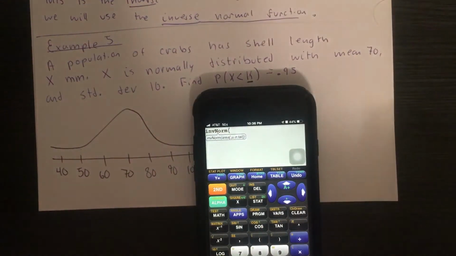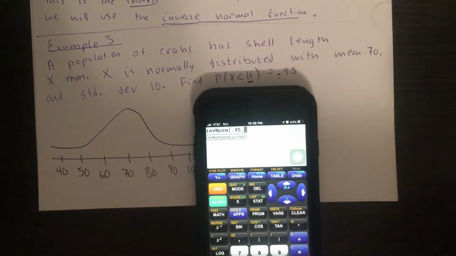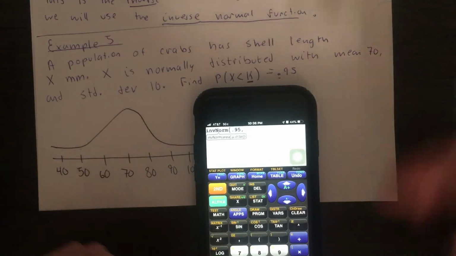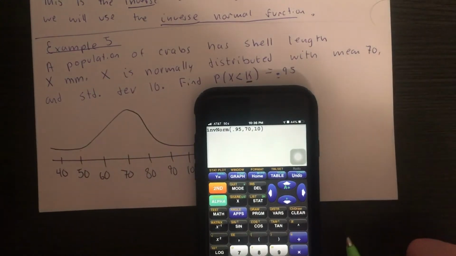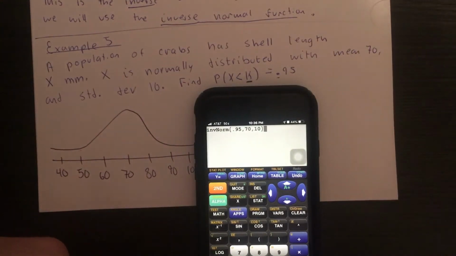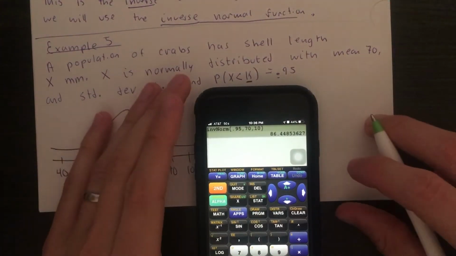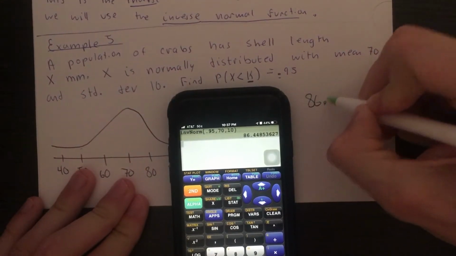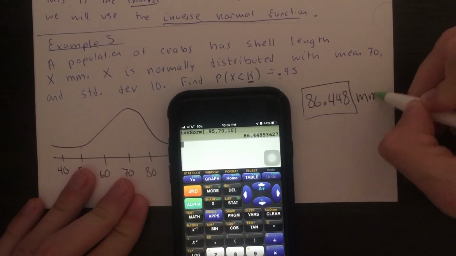The area under the curve that we are interested in here is 0.95, with a mean of 70 and a standard deviation of 10. This is going to generate a data point for us, and the data point is 86.448 millimeters.